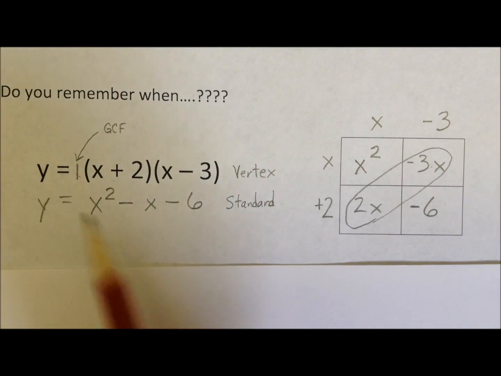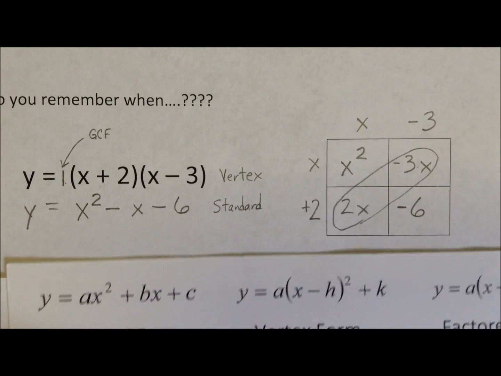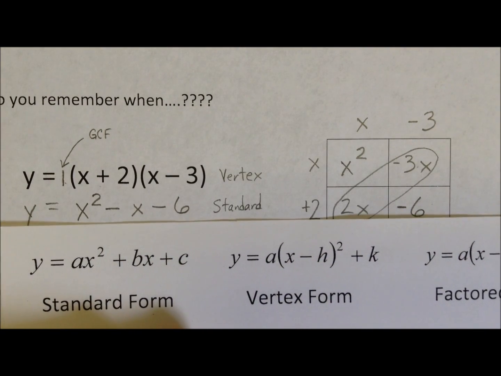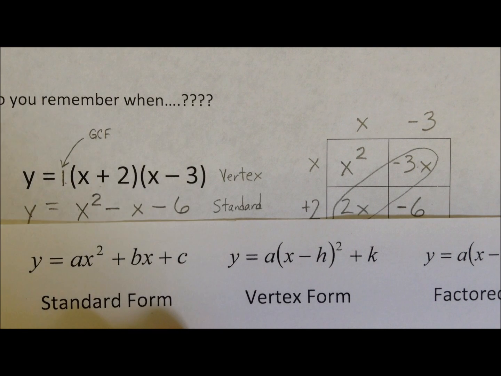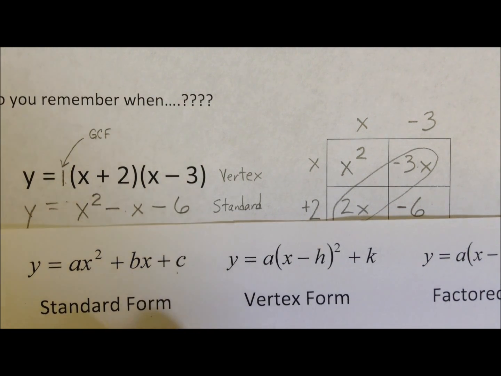So now, as we take a look at this, we now have standard form, where a is an understood 1, the coefficient of the quadratic term. B is going to be negative 1, coefficient of the linear term. And C is going to be negative 6, which, if you remember, is going to wind up being my y-intercept.